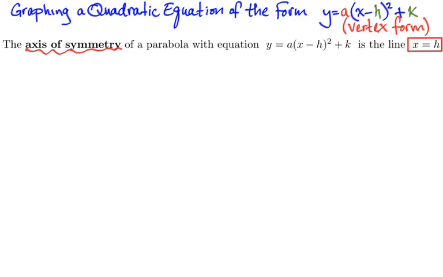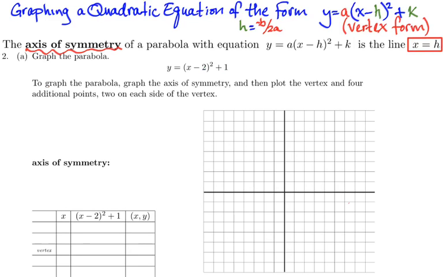That's because when we do completing the square on the standard form, we'll see that h turns out to be negative b over 2a. And that's why the axis of symmetry is just x equals h. So when you're given an equation in vertex form, you can just write down the axis of symmetry as x equals that number h.